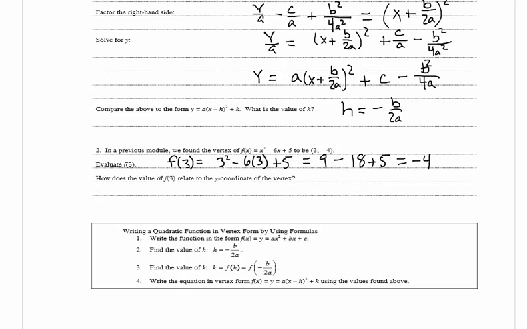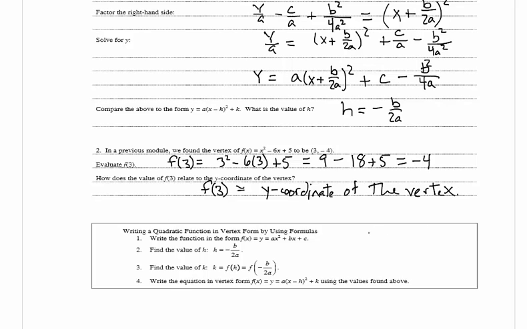And then it asks, how does the value of f of 3 relate to the y-coordinate of the vertex? We could say that f of 3 was equal to the y-coordinate of the vertex.